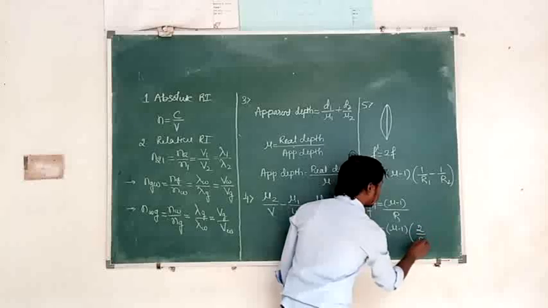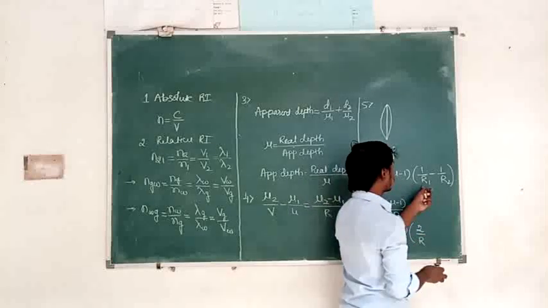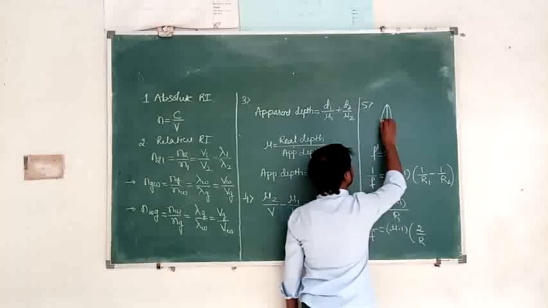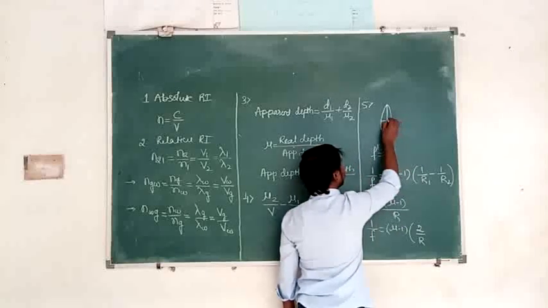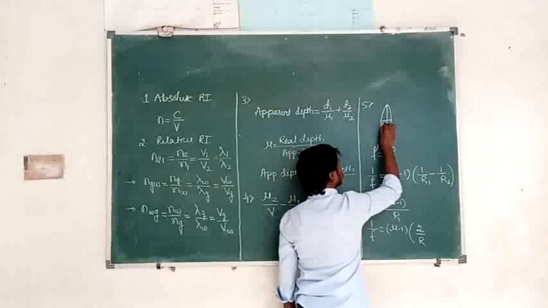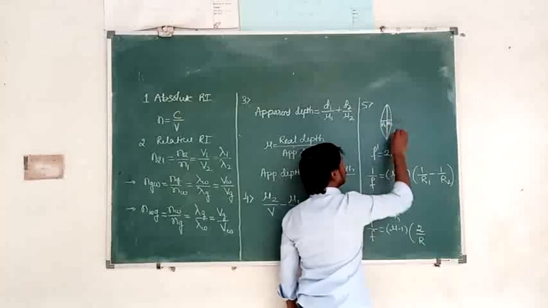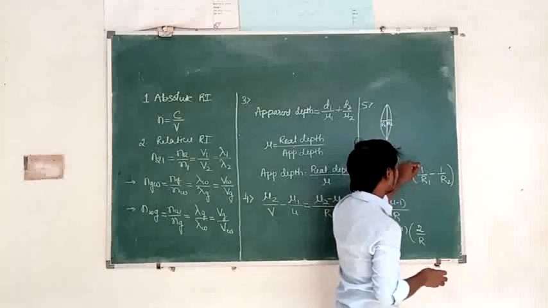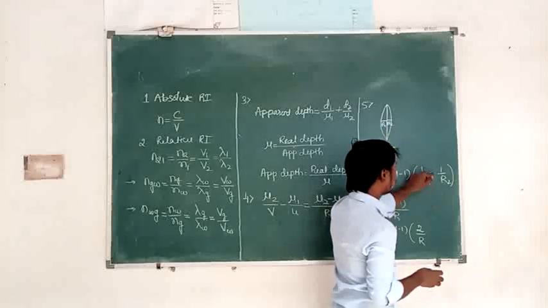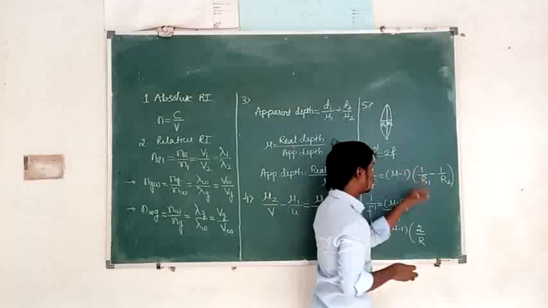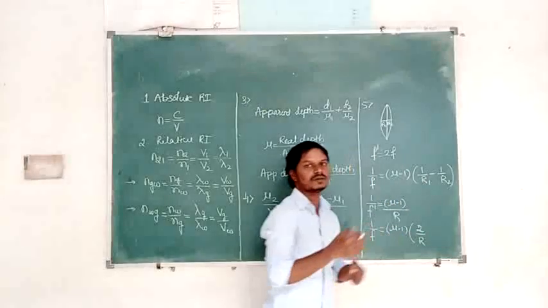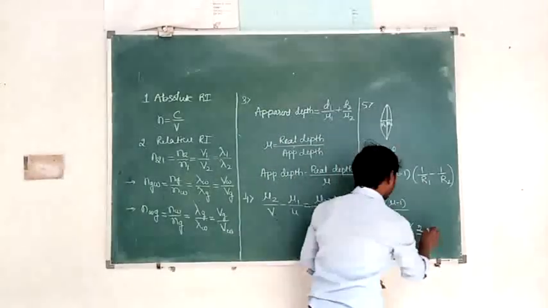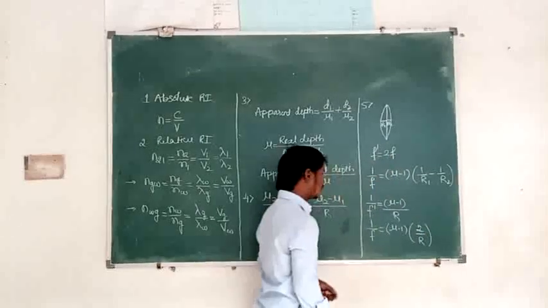Why is it 2 by r? r1 is taken as plus r and r2 is taken as minus r. So it is 1 by r plus 1 by r, because minus into minus is plus, and that is 2 by r. Now we can write mu minus 1 into 2 by r.